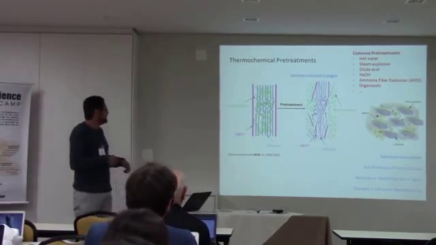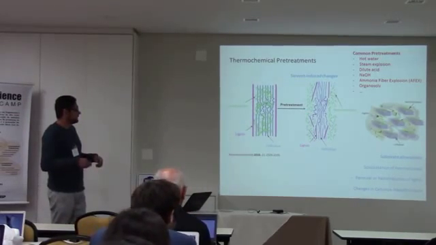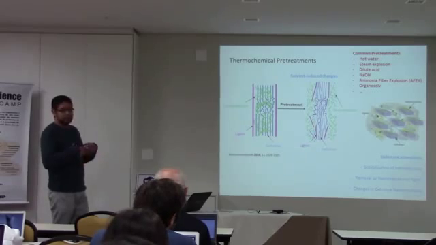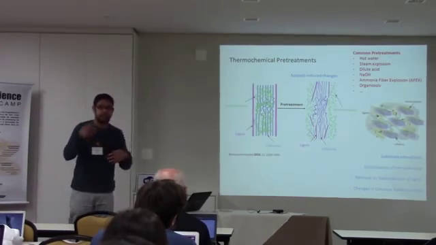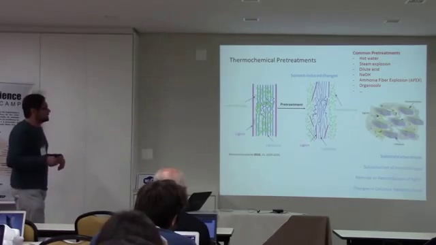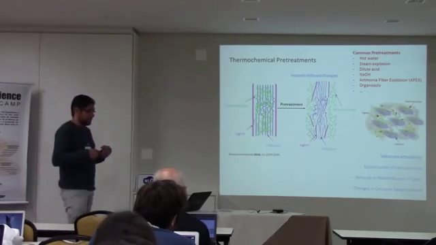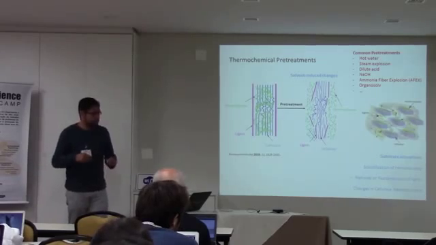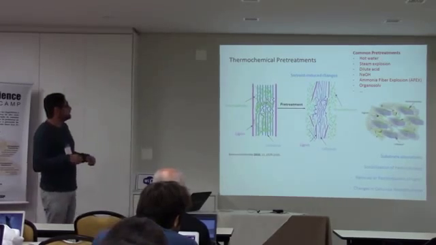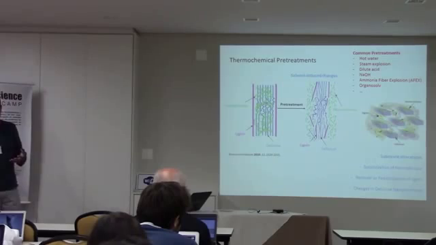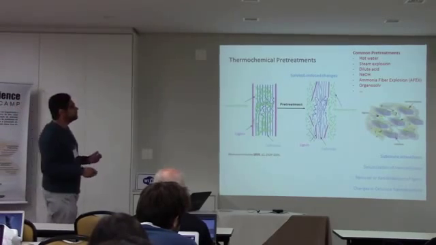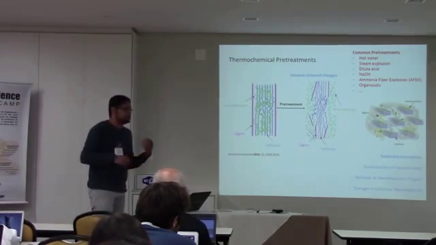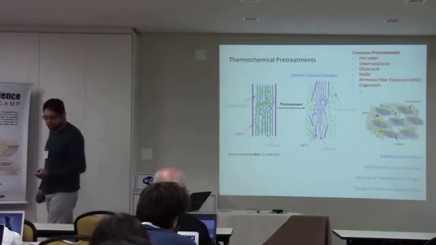And the lignin barrier is also removed or translocated to other parts of the cell wall, so that the cellulose becomes exposed to enzymatic attack. And the interesting thing is that all of these processes are driven by the solvent. So the pre-treatments are based on solvents in different conditions, right?